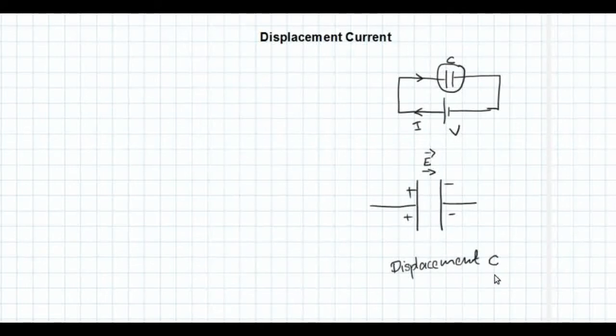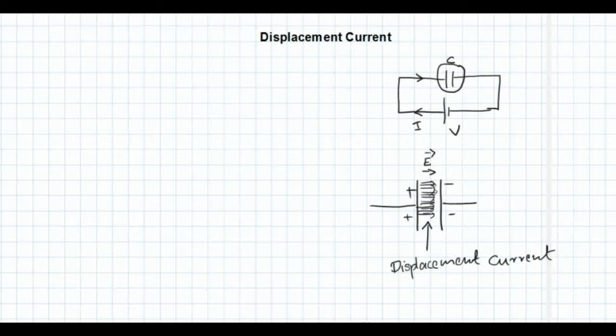Displacement current is normally represented as I subscript D. This is the region where displacement current will be produced. This displacement current is produced due to a varying electric field.